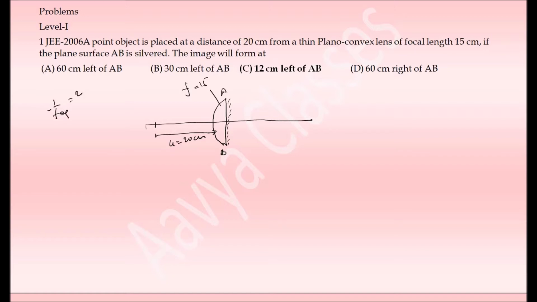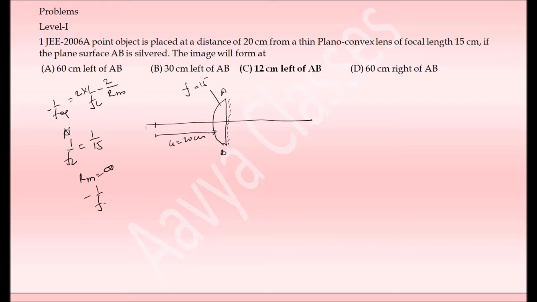equivalent is equal to 2 by FL minus 1 by Fm, that is minus 2 by Rm, and afterwards we will calculate it by using sign convention also. After consideration of sign, now it is given as 1 by FL is equal to 1 by 15, and 1 by Fm, that is Rm, is equal to infinity.